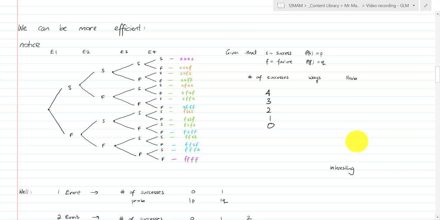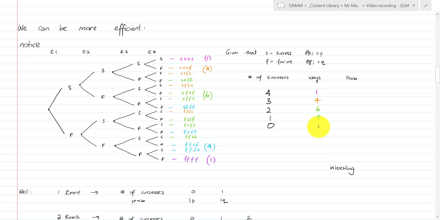If I stretch this out and have a look at the number of successes, I can see there is one way of getting 4 successes, so I'll put a 1 in there, and in orange there are 4 ways of getting 3 successes, so I'll put a 4 in here, and in green there is 6 ways of getting 2 successes, and then in light blue there are 4 ways of getting 1 success, and then finally in purple there's 1 way of getting no successes, 4 failures.